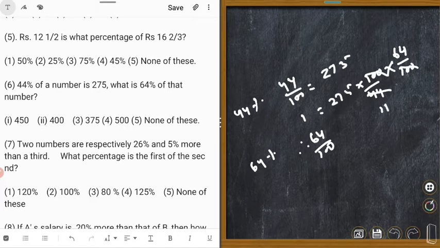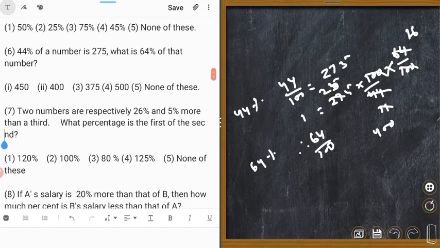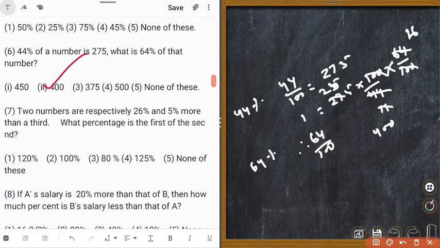So 25 into 16 is equal to how many? 400. The right answer is, tell me, which is the right answer? Number 2. Number 2 is the right answer.